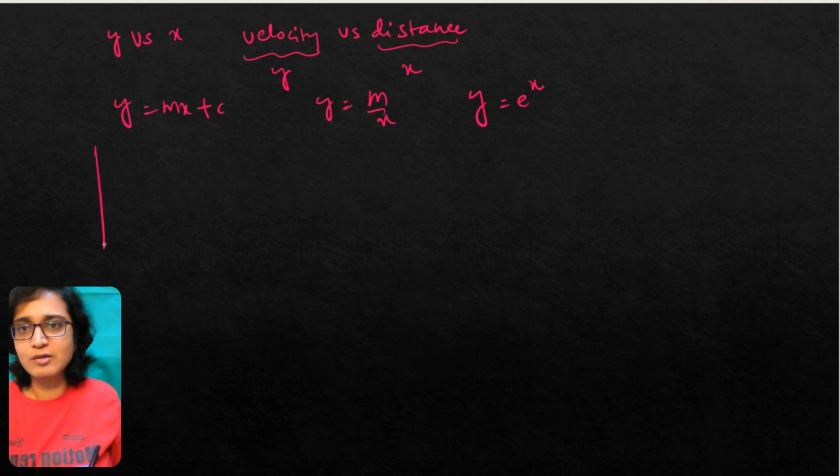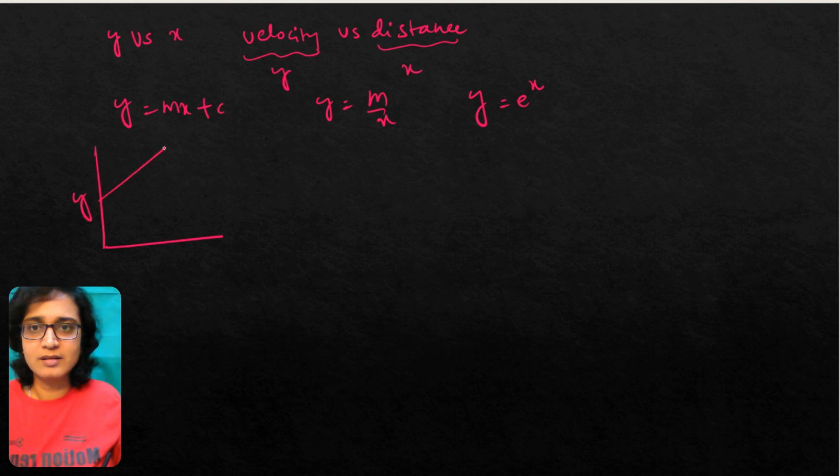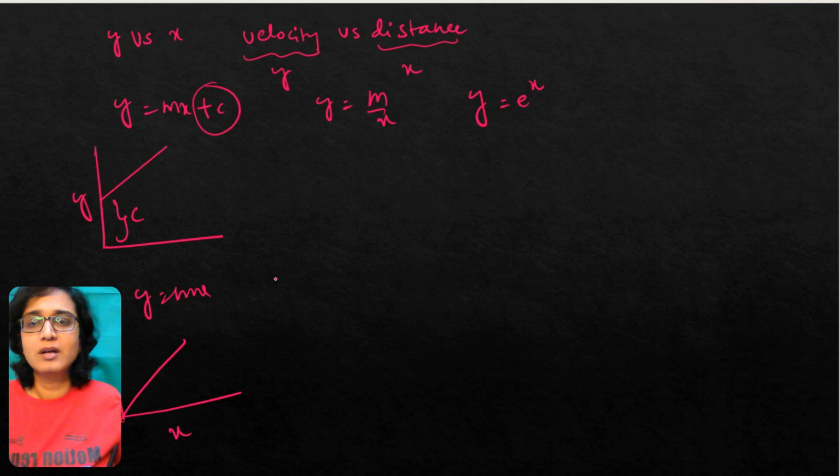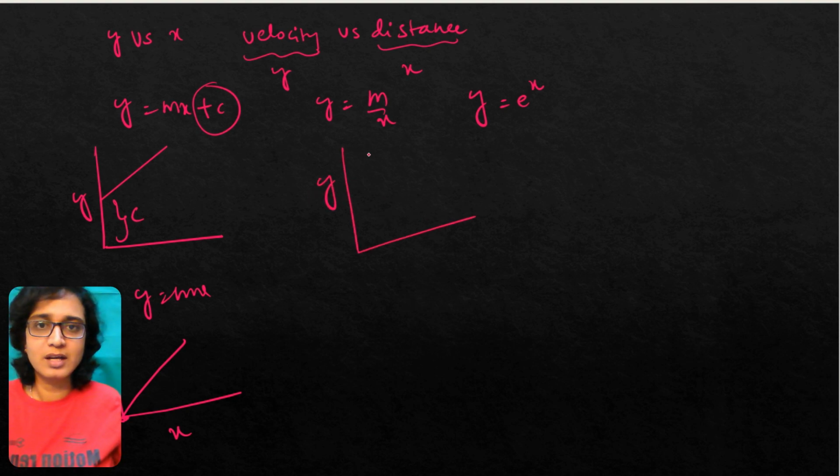If y is equal to mx plus c, then the graph will be like this with a positive intercept. If y is equal to mx, the graph passes through the origin. Y is equal to m by x, the graph will be like this.